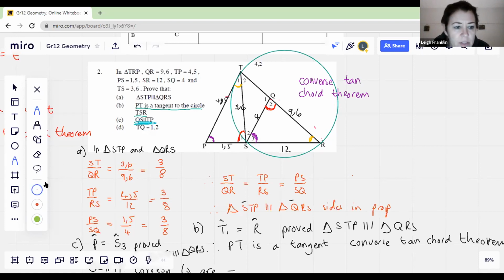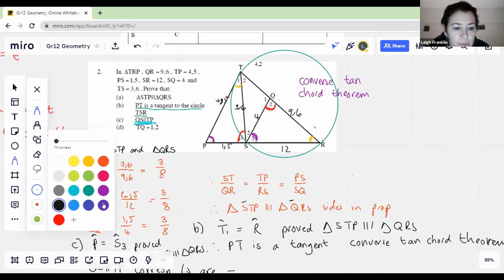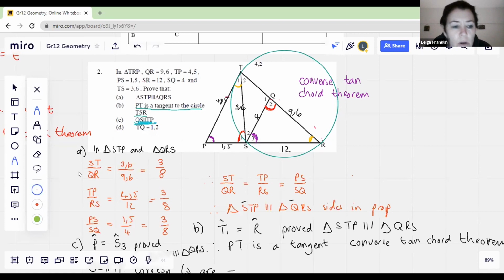Remember now, we have proved that lines are parallel. What happens when we have a line drawn parallel to the third side of a triangle? What theorem can we apply? We spoke about it in our first lesson.